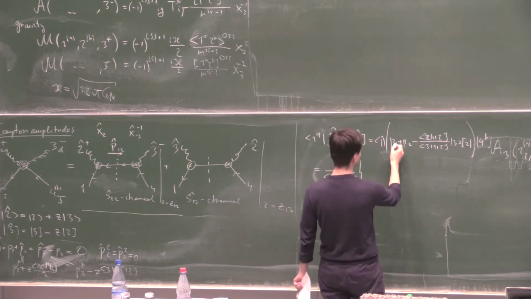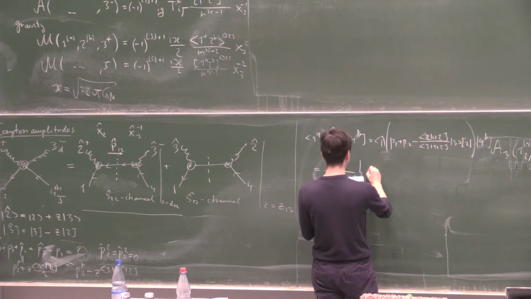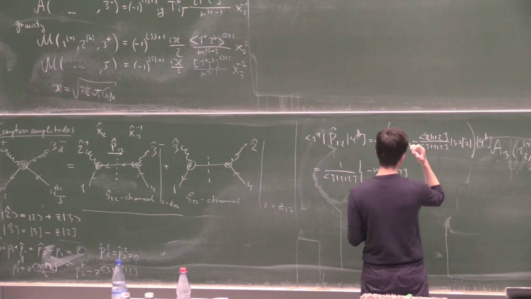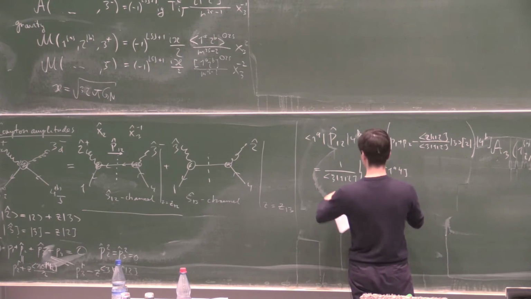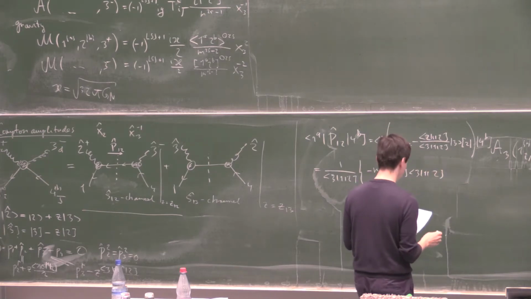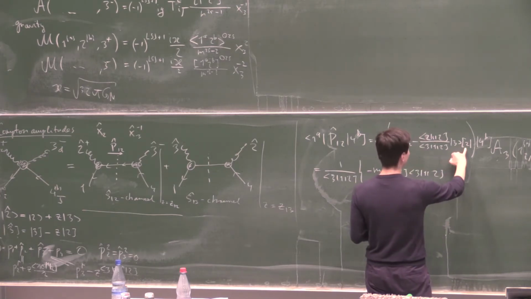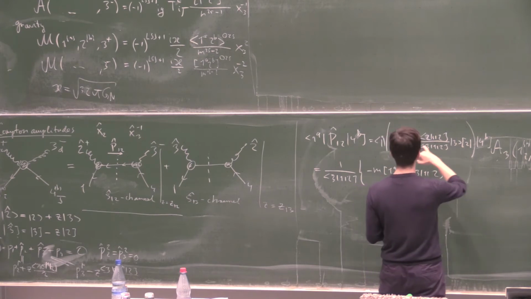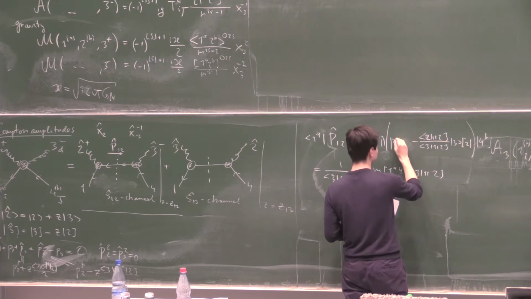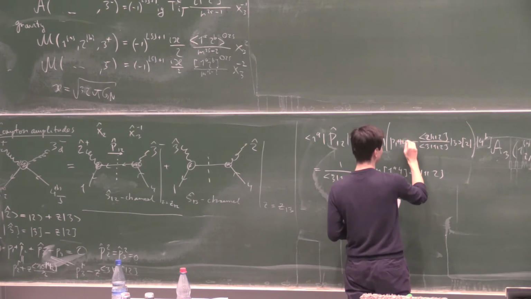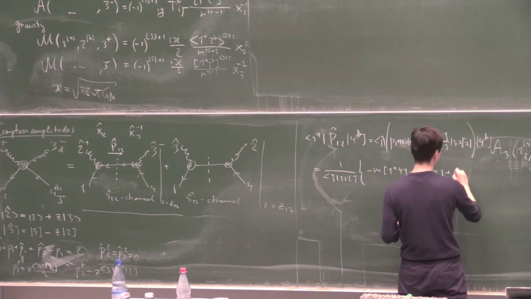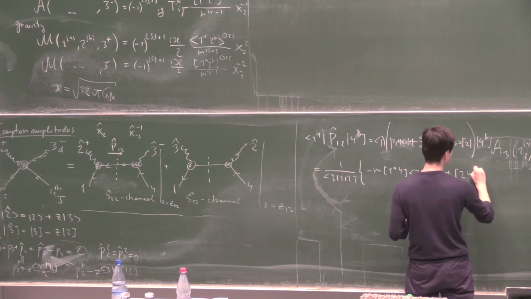I first of all act with P1 on 1. I get minus M 1A4. Still this factor that I multiplied by. On this side, P2 contains 2 bracket 2 angle and bracket 2 square. So I can just write 2 4b.